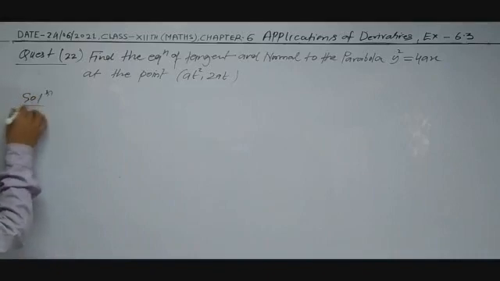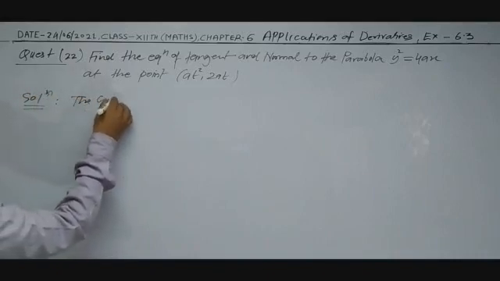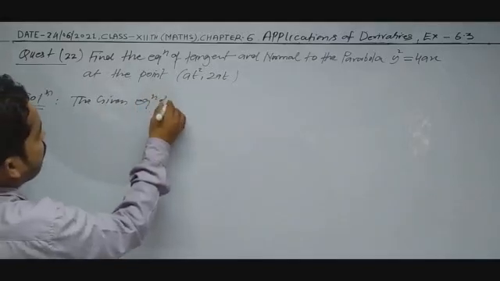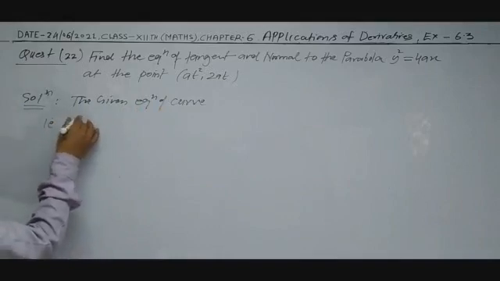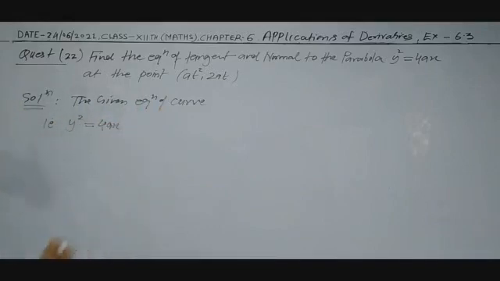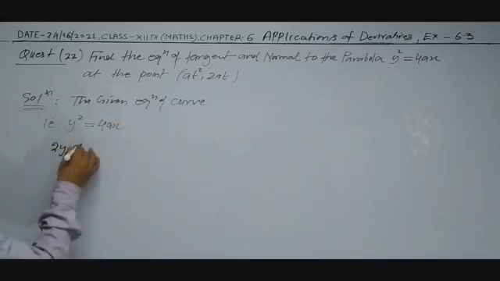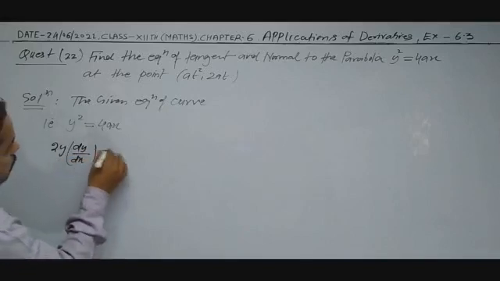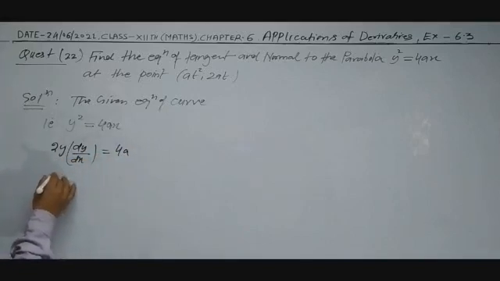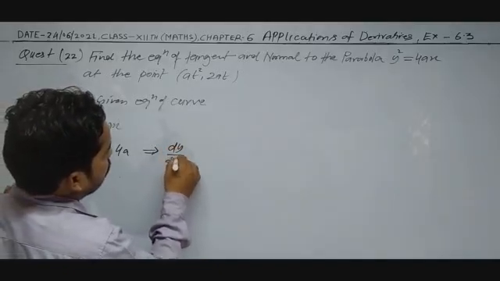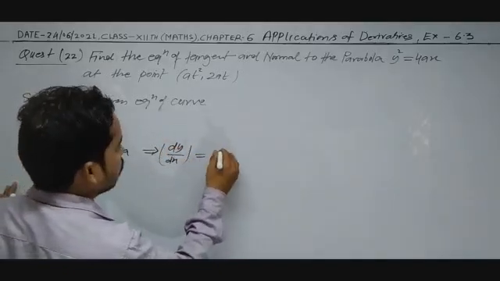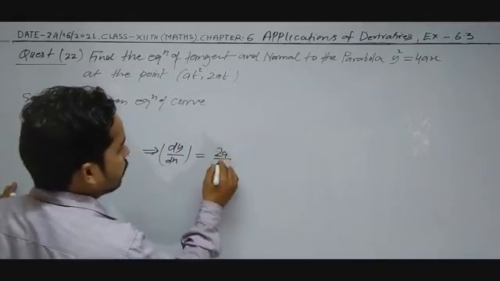Solution. The given equation of curve is y square is equal to 4ax, and when you differentiate, 2y dy by dx is equal to 4 times a, and the differentiation result dy by dx you will get, you can write dy by dx is equal to 2a upon y.